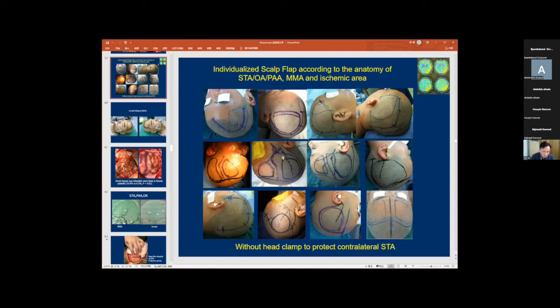So this middle line was all formed, the spontaneous stoma from the middle meningeal artery. Even the parietal branch or frontal branch formed extensive spontaneous stoma. We still can find some space to expose the cortex artery and do the direct bypass like this.